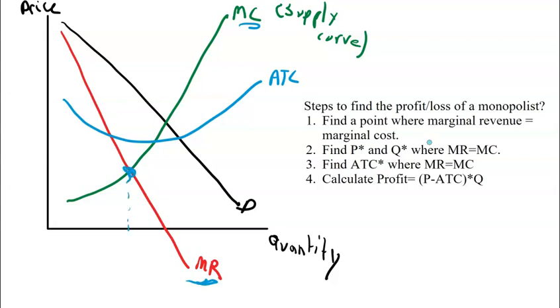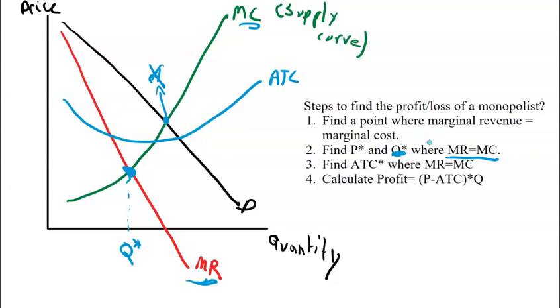So this is the quantity. Now, sometimes what students will do is they'll look at marginal revenue and marginal cost, and they'll look at point A, and they'll think this is the point where profit is maximized, but that's not true. This should not be looked into. This is the quantity, where MR equals MC, which is here.